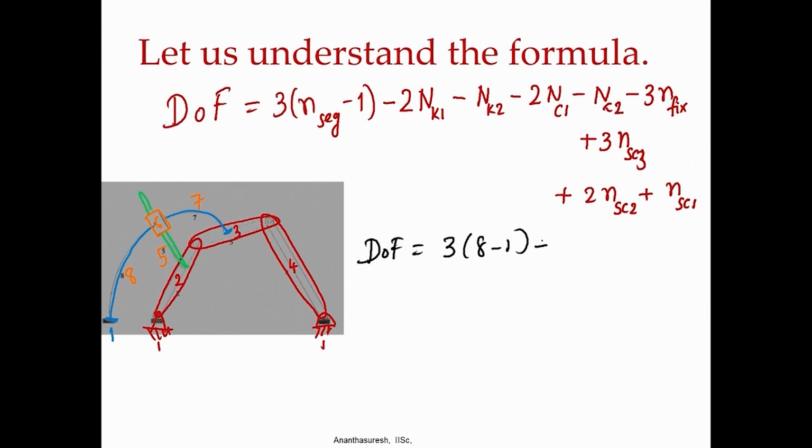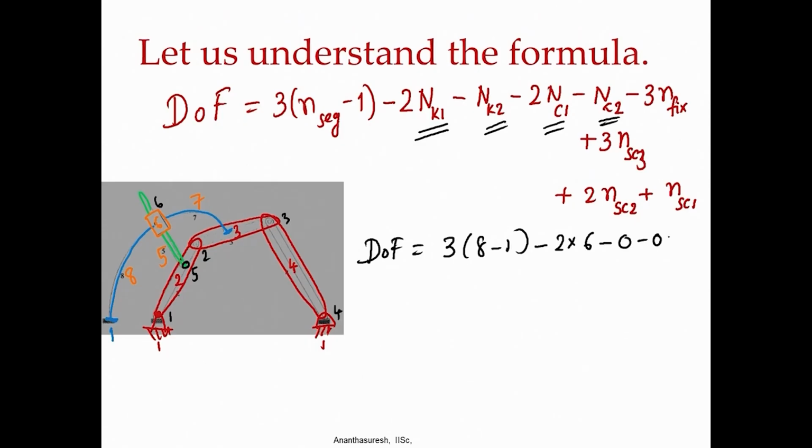How many 1 degree of freedom kinematic joints are there? The 4 bar has 1, 2, 3, 4, and then we have a prismatic joint here and there is also another joint there. So, if I use black, 1, 2, 3, 4, and there is 5 and there is 6 over there. So, I have 2 into 6. There are no NK2 joints, that is 0. NC1, NC2, NK2 are not there in this one.